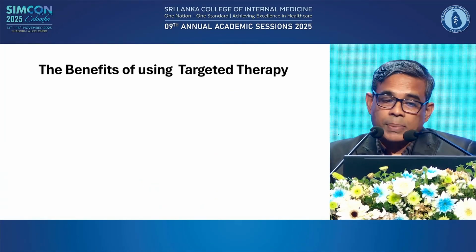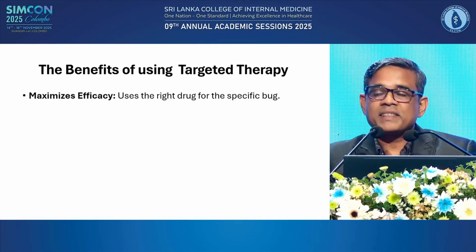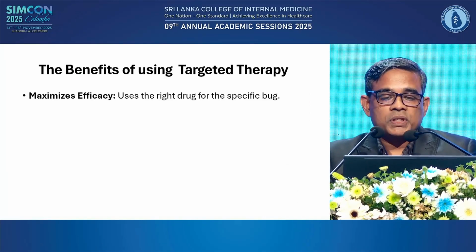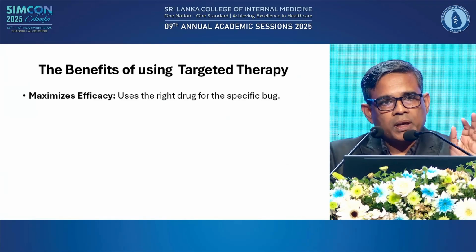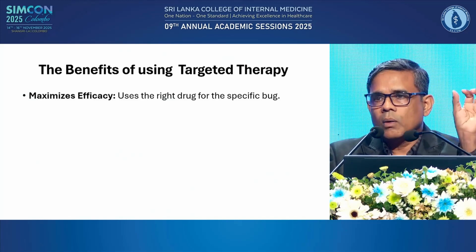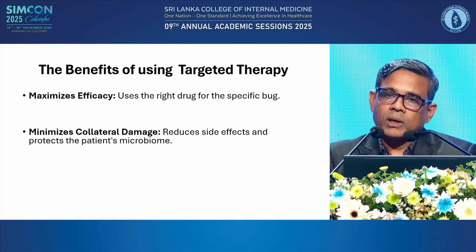So what is the benefit of targeted therapy? Number one, it maximizes efficacy, using the right drug for a specific organism. That means you are covering only the organism which is causing the illness, and it minimizes the collateral damage.